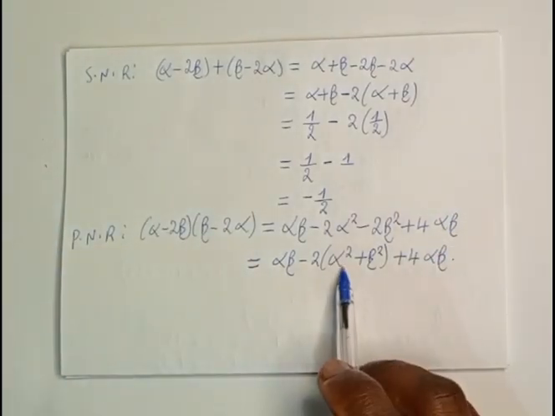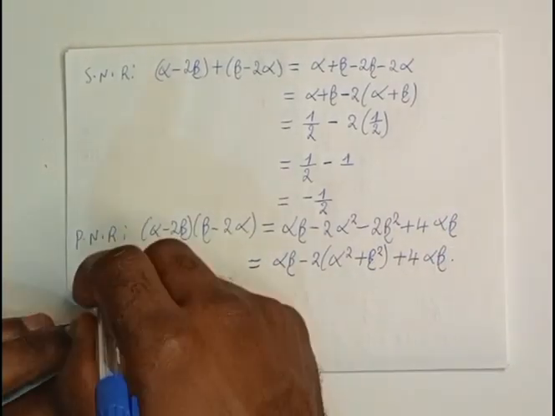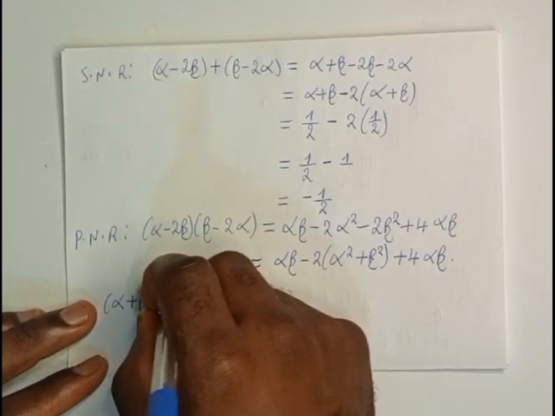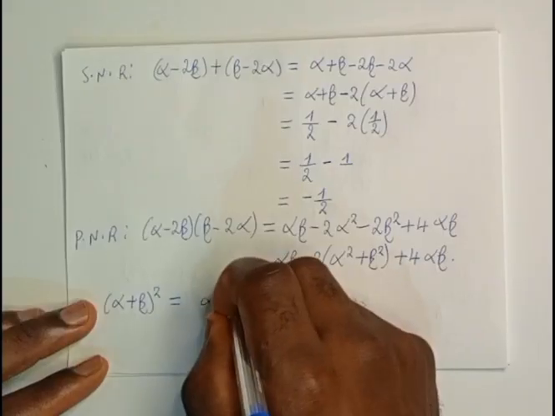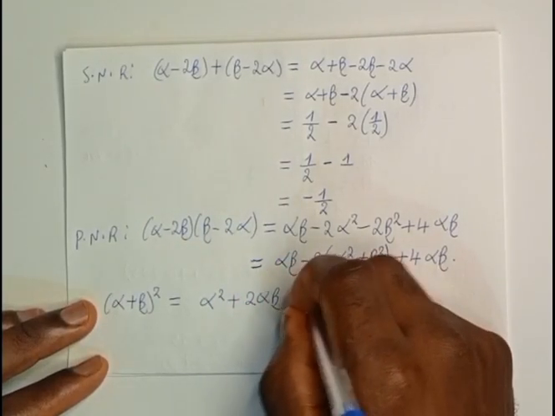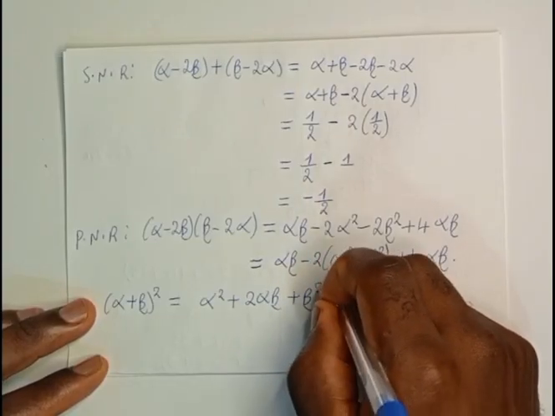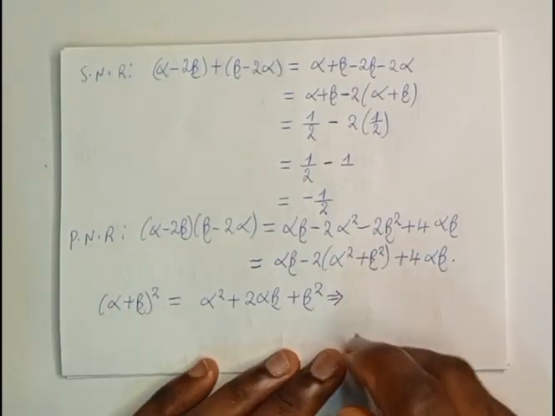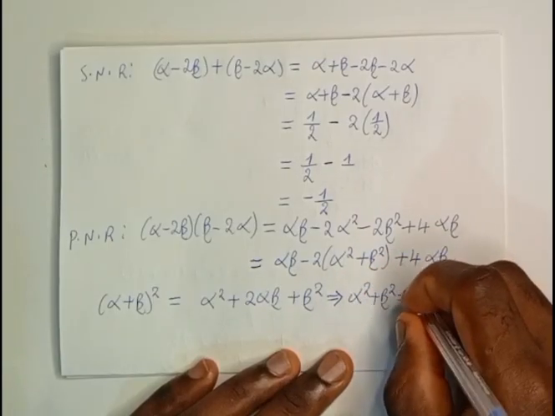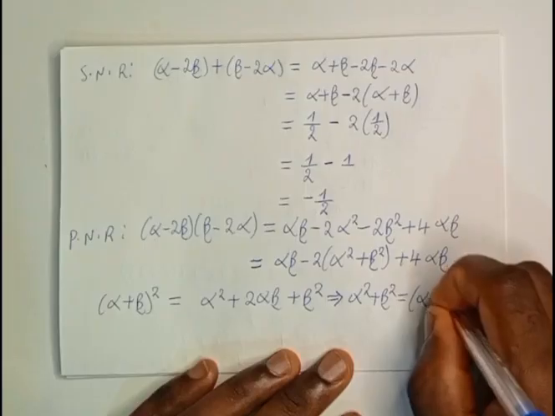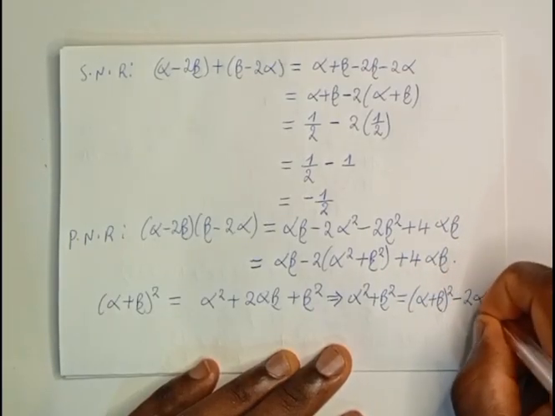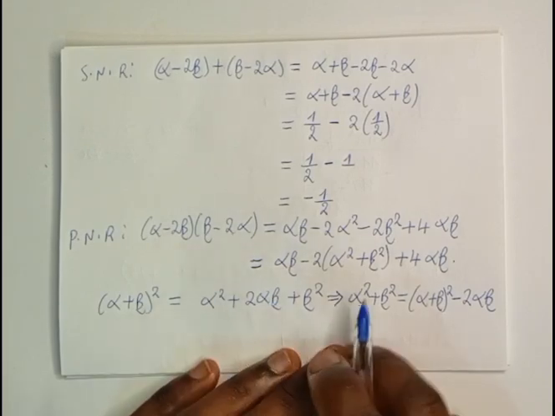Next, we have to find alpha squared plus beta squared. We make use of the expansion of alpha plus beta, all this squared, which is simply equal to alpha squared plus 2 alpha beta plus beta squared. Then, if we make alpha squared plus beta squared the subject of the formula, alpha squared plus beta squared will be equal to alpha plus beta, all this squared, minus 2 alpha beta. We are going to transfer this to the left.